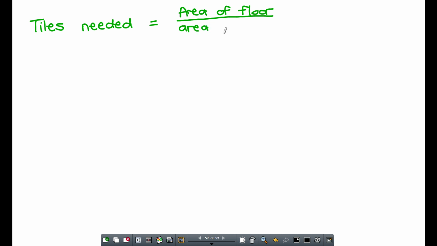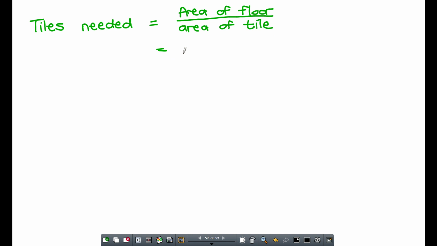Okay, so I'm going to say tiles needed. Die teels wat ons nodig het. Gaan ons vat the area of the floor, divide by the area of the tile.